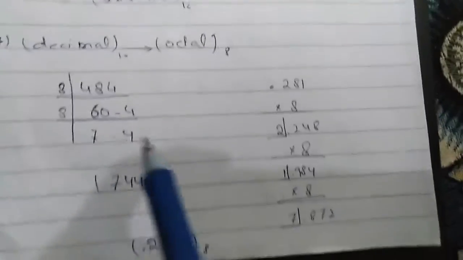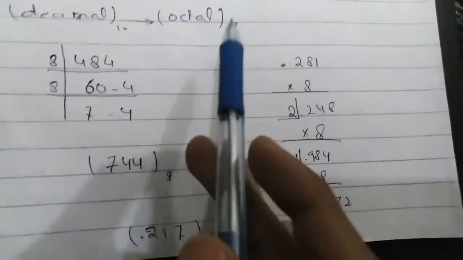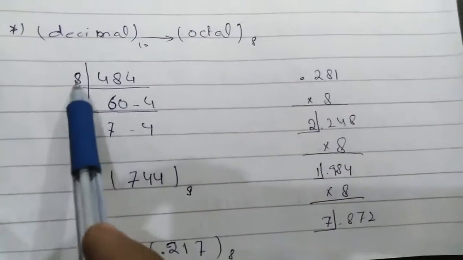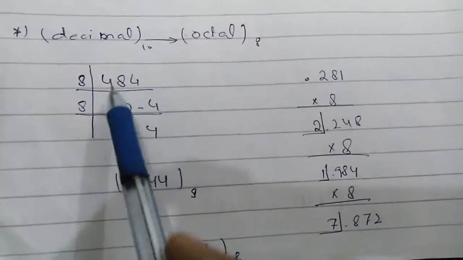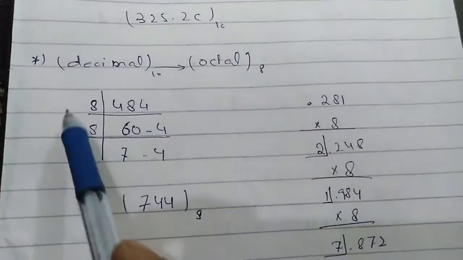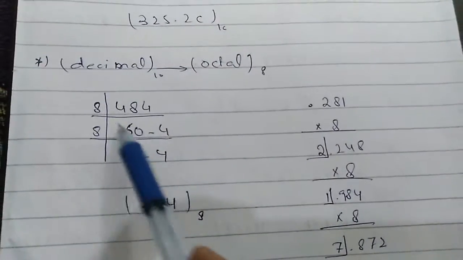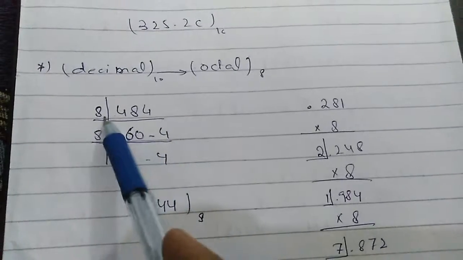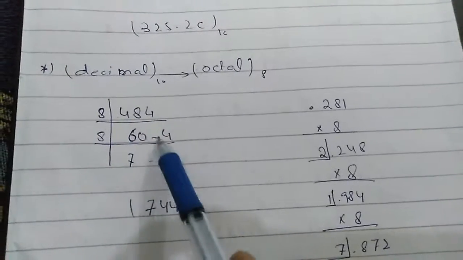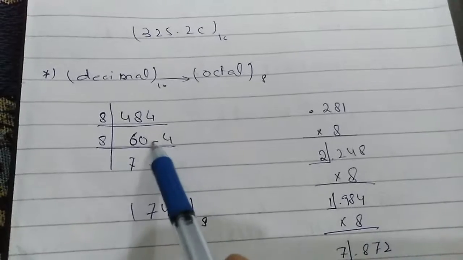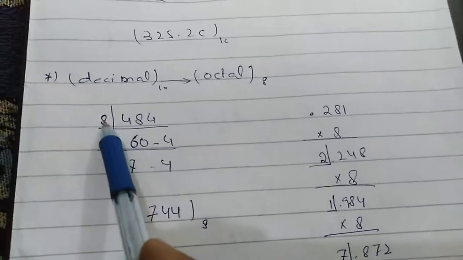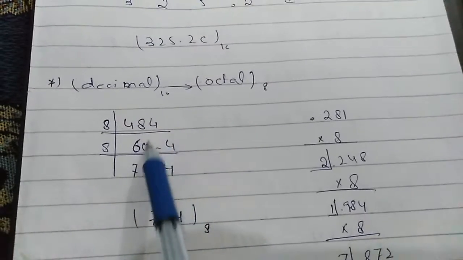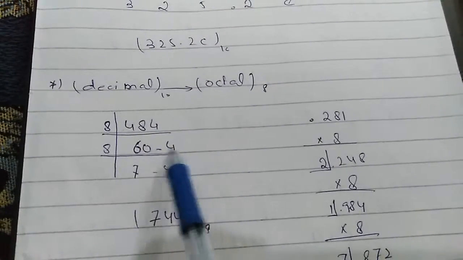Now from decimal to octal form, if we have to simply convert a decimal number like 484 into octal form, we also take the division by 8 as we have done above. 8 sixties are 480, and 4 remains, so the remainder will be 4.